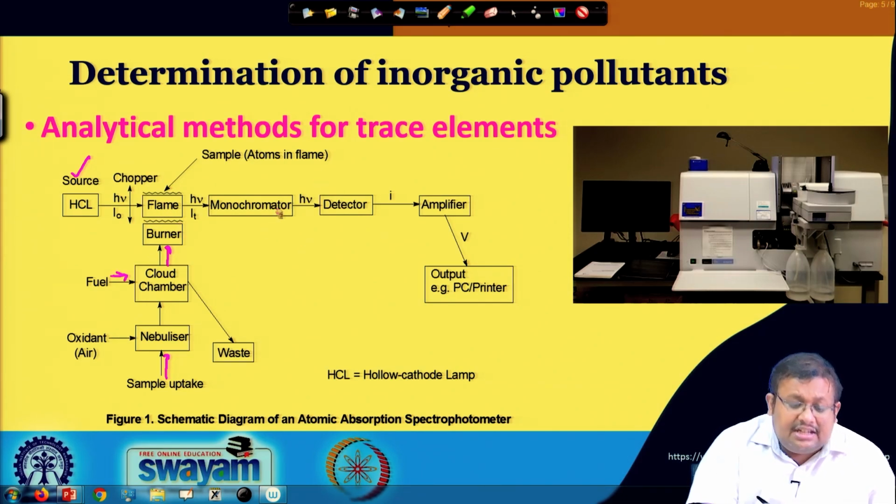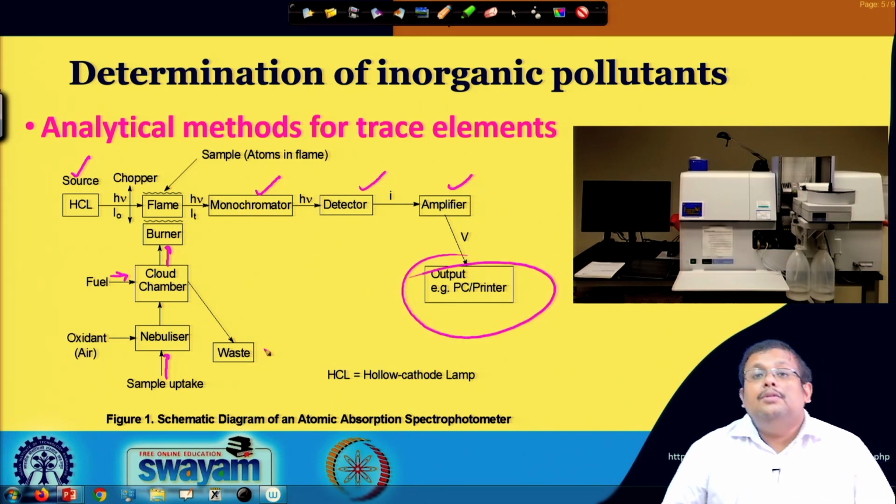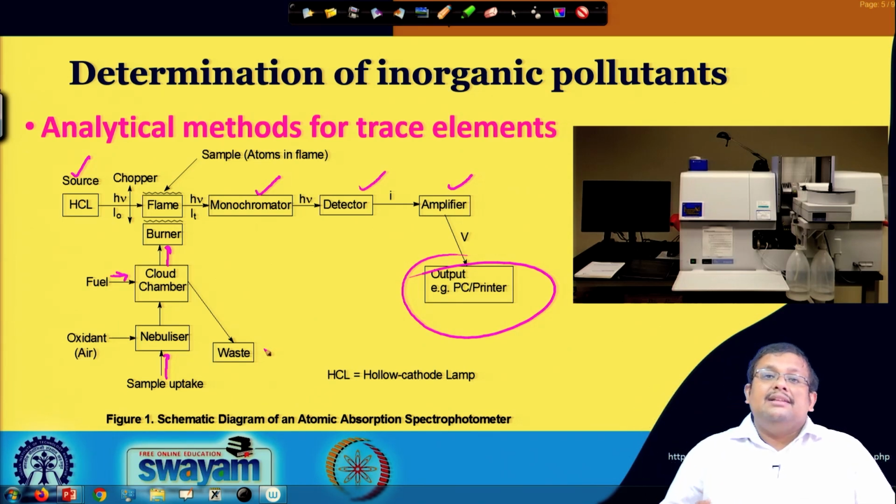After it absorbs the radiation, we get the transmitted radiation, which moves to a monochromator, a detector, then an amplifier, and ultimately to the output. From there we can get the spectral lines, see the wavelengths that have been absorbed, and get the concentration of that particular element.